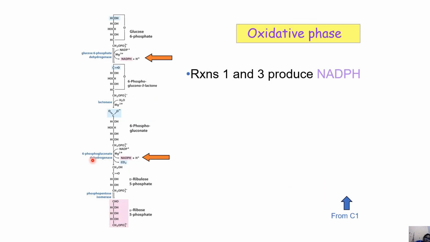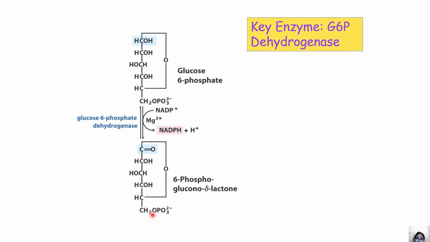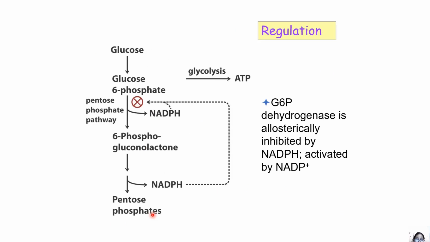Reactions 1 and 3 produce NADPH, and reaction 4 produces ribose 5-phosphate. The key enzyme is glucose 6-phosphate dehydrogenase, which is allosterically inhibited by NADPH and activated by NADP+. That is the kind of regulation that happens here.